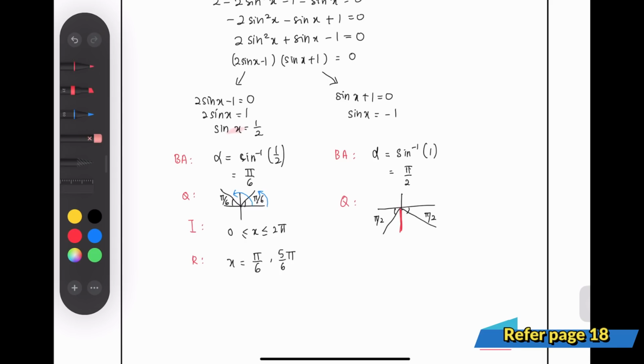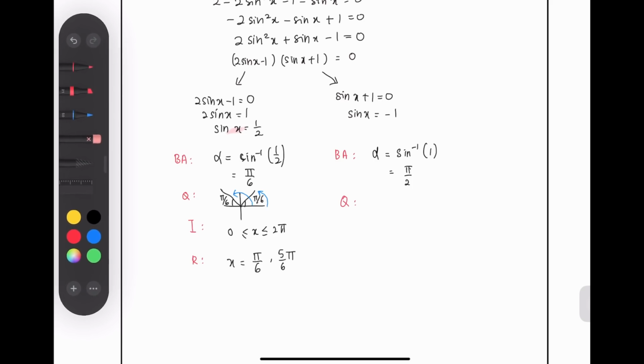Okay. So we're going to delete the previous quadrant and draw like this. Okay? Because this is pi over 2 and pi over 2.